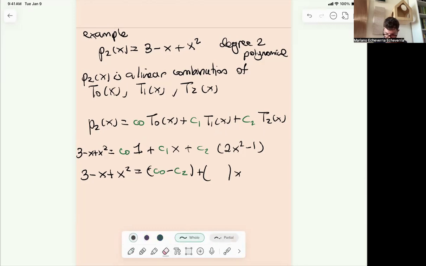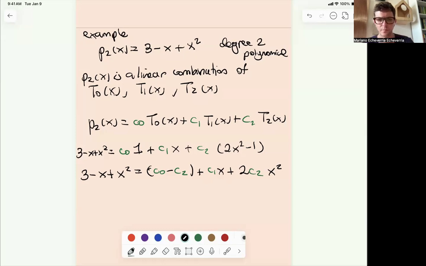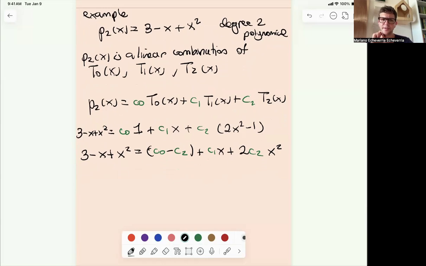The only thing that has an x here is this one, so let's put it as C1 x. Then what has an x squared? The only thing that has an x squared is the last one, so you get 2C2 x squared. Is that making sense so far?